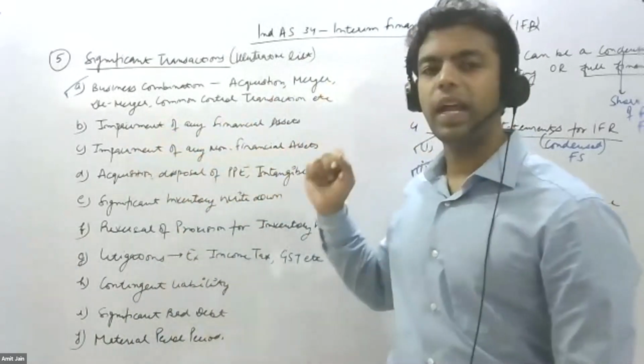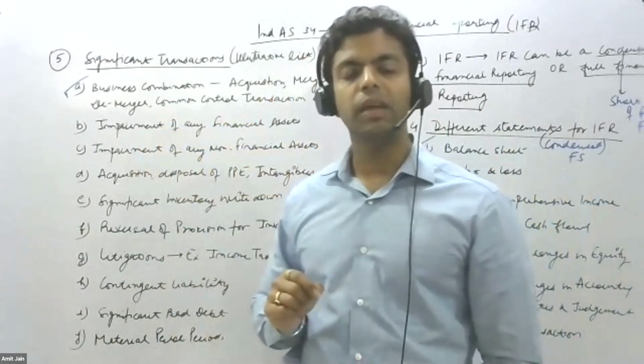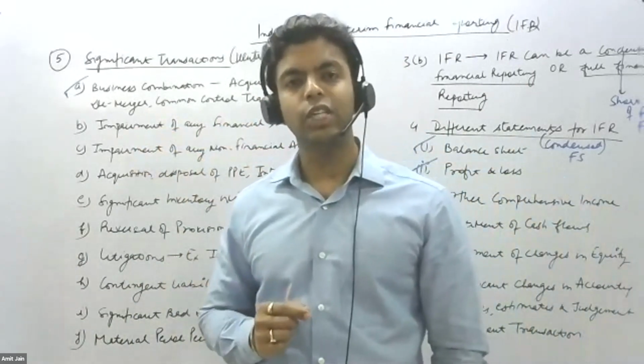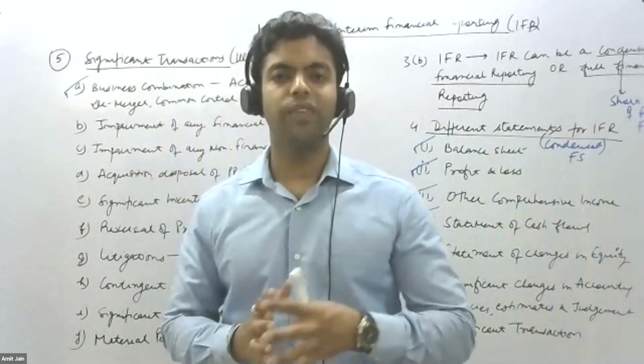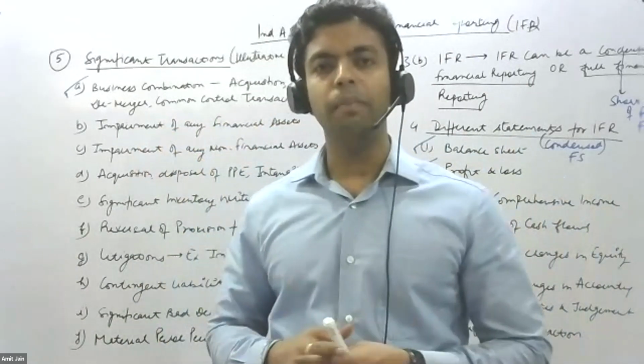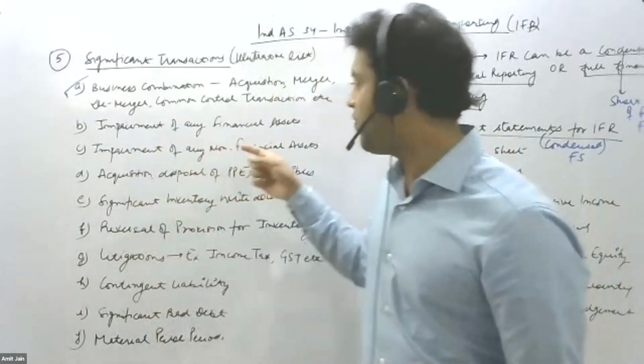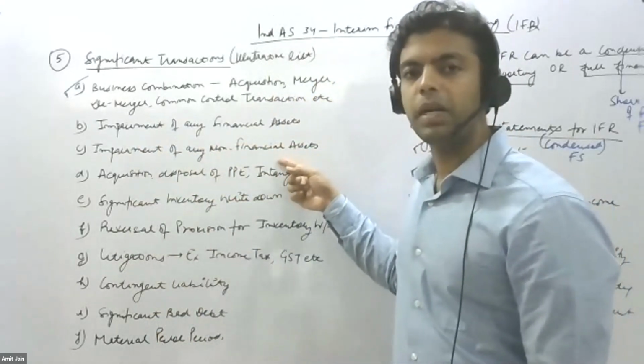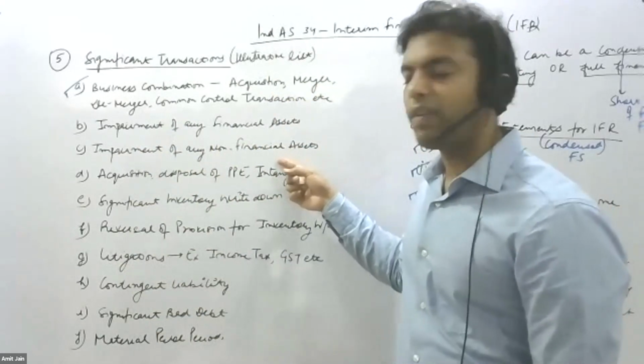Impairment of the non-financial asset. What is a non-financial asset? Let's say PPE or intangible assets. These are non-financial assets. So if there is any impairment that has a significant impact on the company, that needs to be disclosed separately in the interim financial statement.